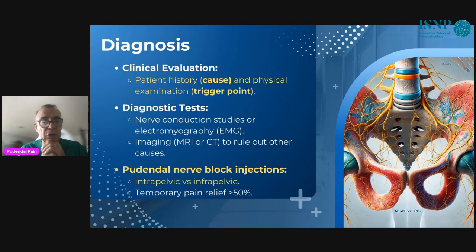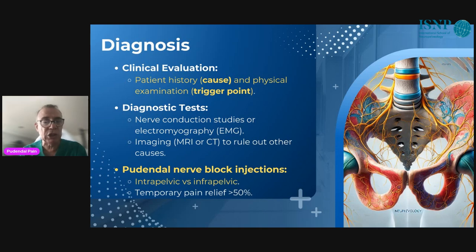Of course, we can do nerve conduction study and EMG, but to be honest, I'm not doing that in my daily activity, for a simple reason: any pathology of the pelvic floor or any vaginal delivery will induce some change in this electrophysiological study.